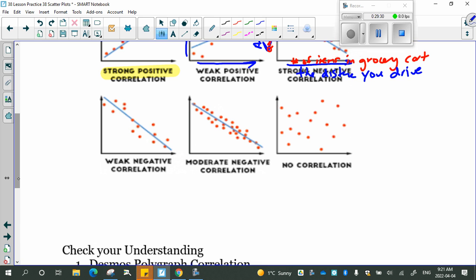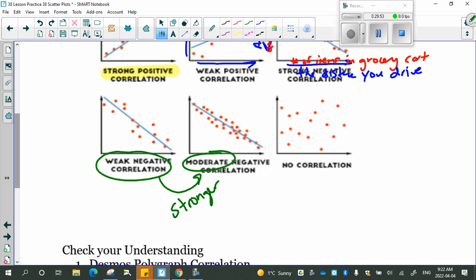All right, just not as tight around the line of best fit, but still showing a negative trend. Moderate negative correlation. Why is this one stronger than that one?